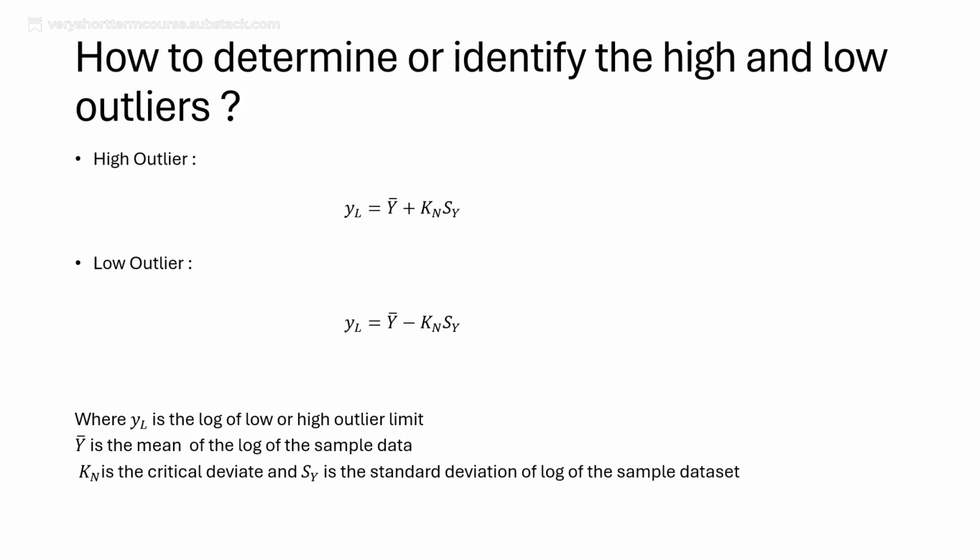And if any value is found to be more than that value, then you have to censor or delete all those values that are more than this value, including this value. And if your data set totally falls under this value, then no need to delete any data.